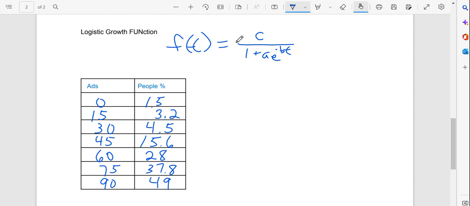In this equation right here, all the values are positive, and also C is a special name, okay? C is our limit for growth. Because with how this equation is set up, no matter what we put into these values down below, your output will never be more than what C is.